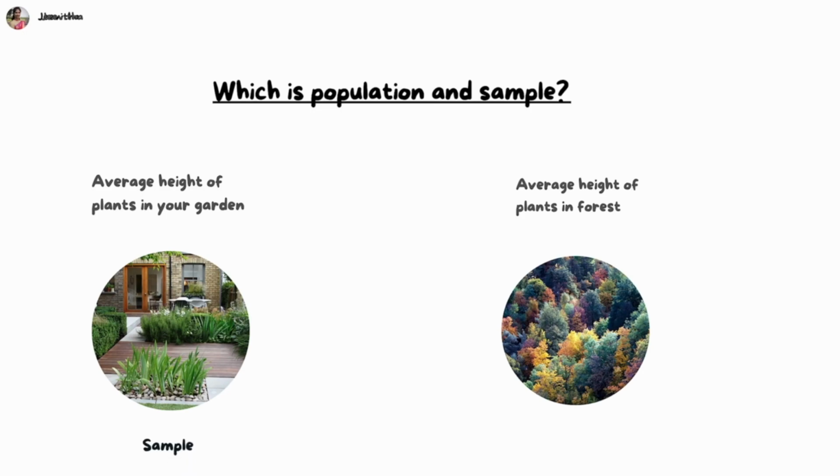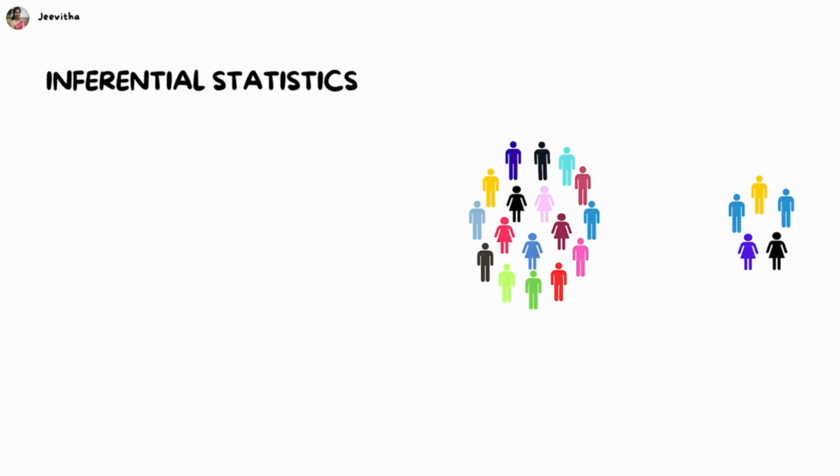So the first one is an example of a sample. And when I say plants in a forest, there can be millions of plants. We call that a population. Data which can be collected is like a sample. Data which cannot be collected is like a population. Hope it's clear what population and sample are.